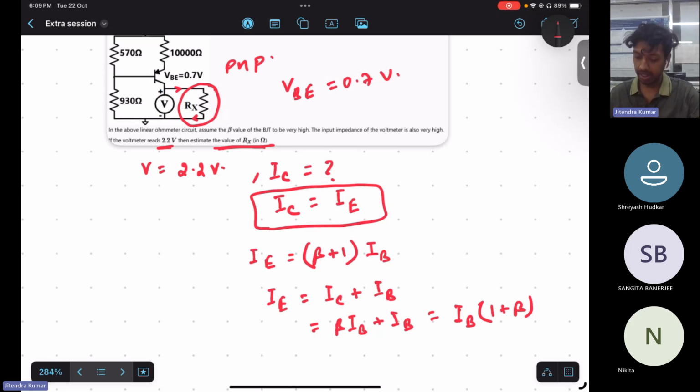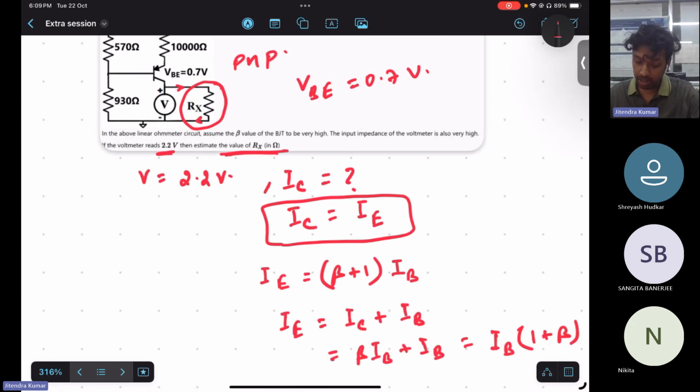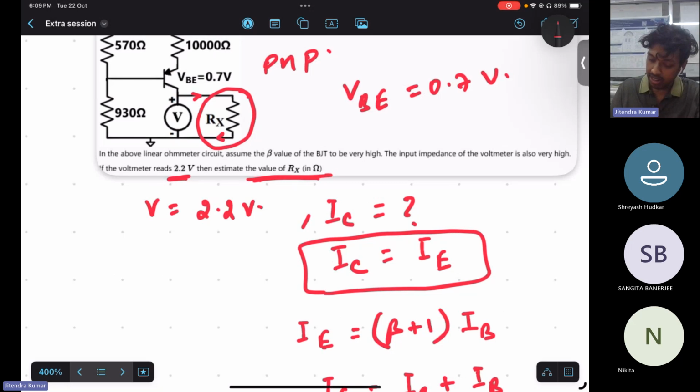Yes, sir. So in this problem itself, it is saying to assume the beta value of the BJT to be very high. Then what does that imply? If beta value is very high, IB will be almost equal to 0. We can assume IB to be 0. Why?